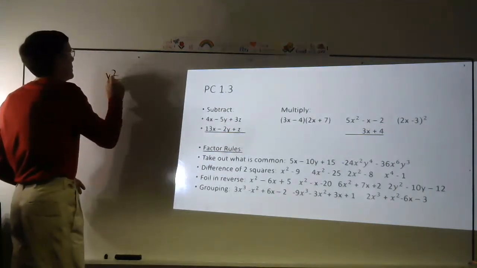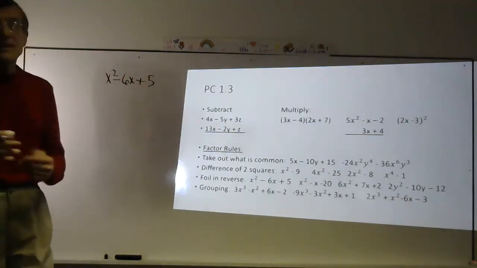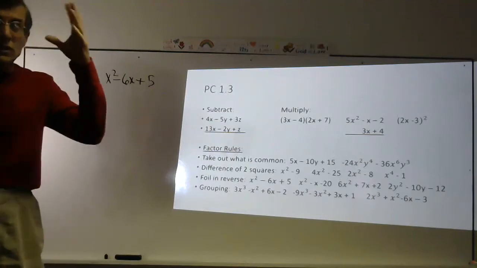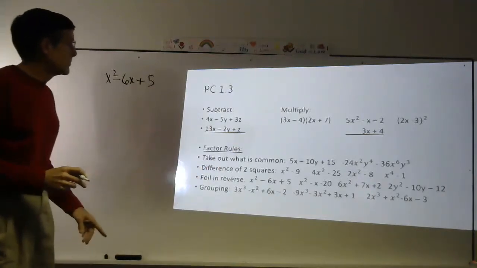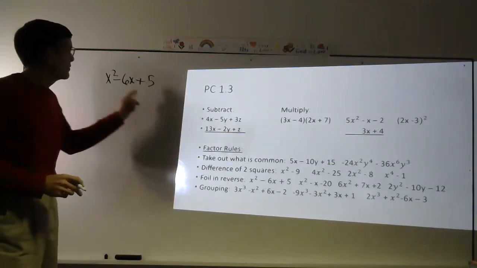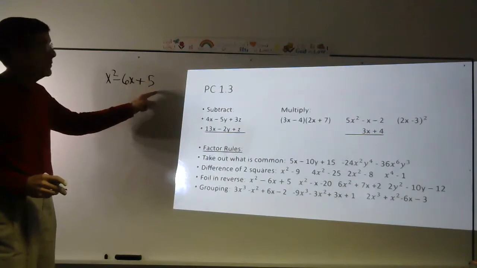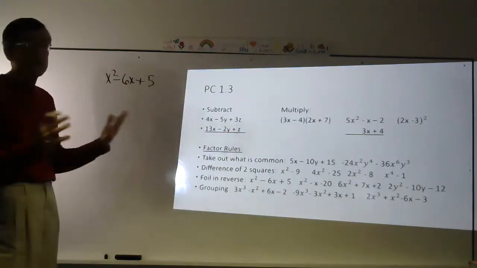X squared minus 6x plus 5. It's a little like difference of two squares, okay? In that you do some of the same thought process. But let's just go through the steps. You still have to say, is there anything common? No, you can't take an x out of it, there's no x here. You can't take anything out of 5 and 6.